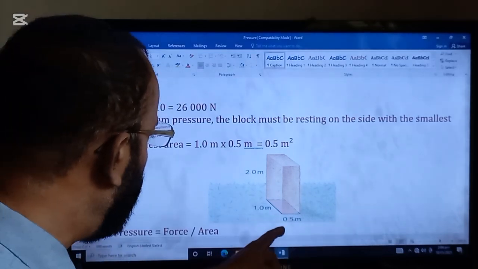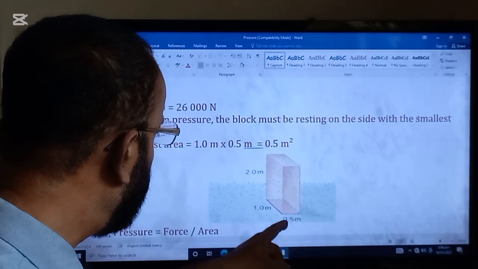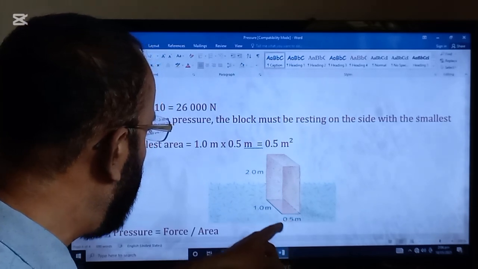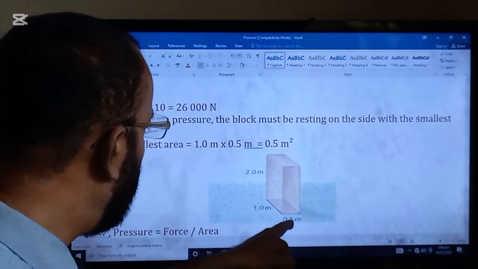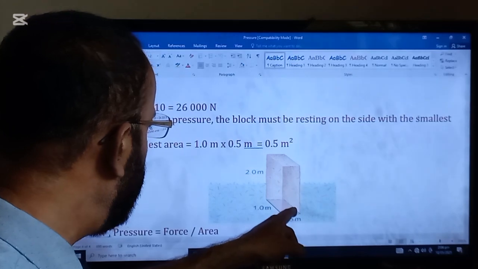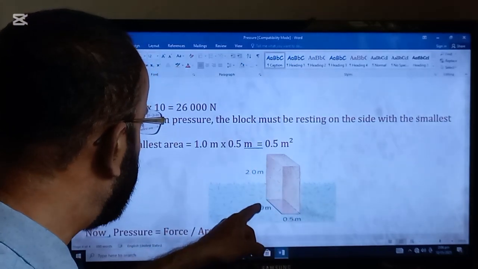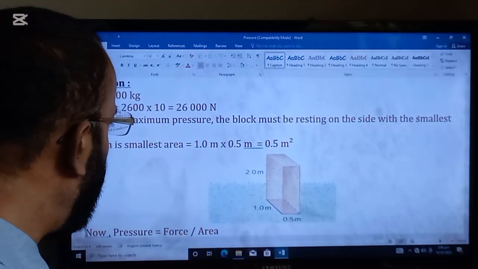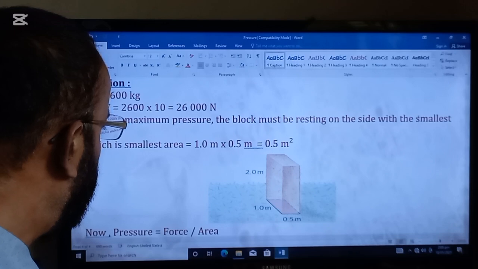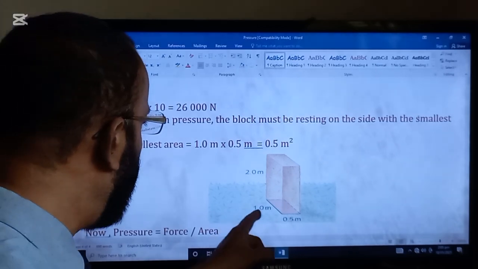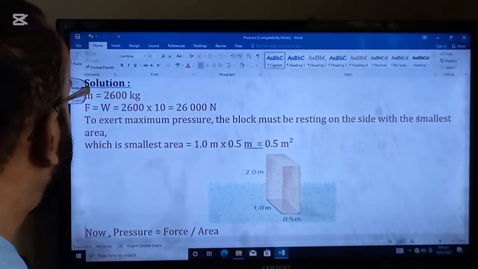So the dimensions are 1 by 0.5, 0.5 into 2, and 2 into 1. So the smallest surface will be 1 into 0.5.